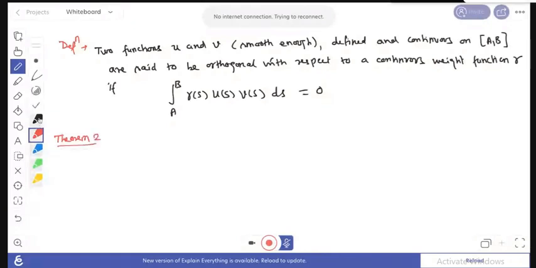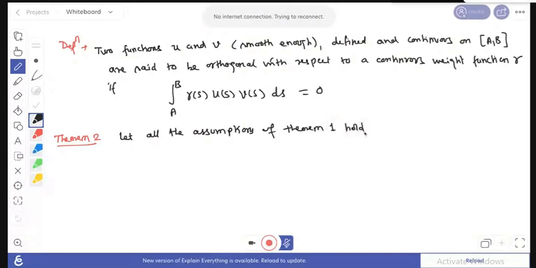This is theorem 2. This second theorem says: let all the assumptions of theorem first hold, and basically theorem first guarantees the existence of the solution.